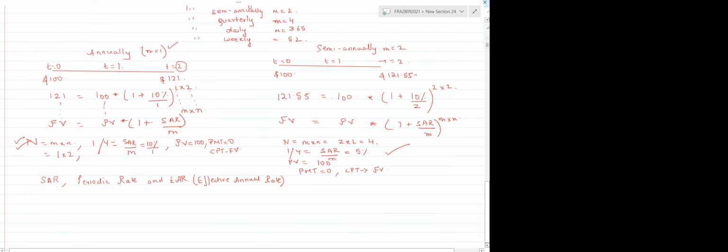So what is SAR? SAR is basically the rate quoted by a bank or a financial institution, right? So in our case, what is the SAR, Tejas? What was my SAR in the examples that we had discussed? 10%. Yep, 10%.